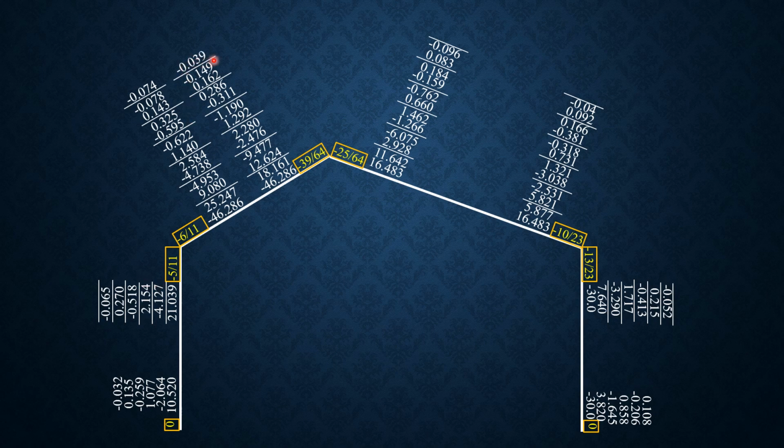Quantity negative 0.039, then negative 0.02 close times negative 39 over 64, 0.036 final lakh. Same quantity times negative 25 over 64, 0.023 final lakh. Negative 0.048 times negative 10 over 23, 0.021 final lakh. Negative 0.048 times negative 13 over 23, 0.027 final lakh. Then half of 0.034 final lakh. Half of 0.027 final lakh.